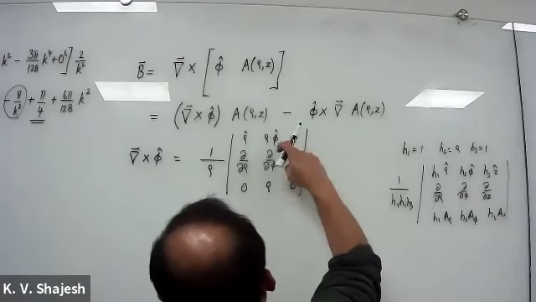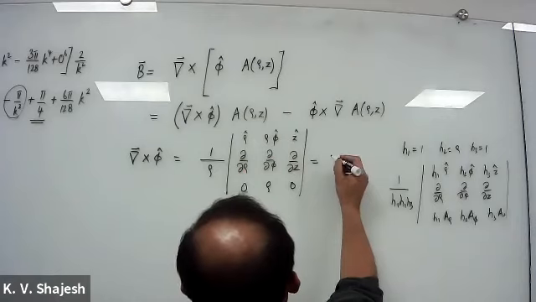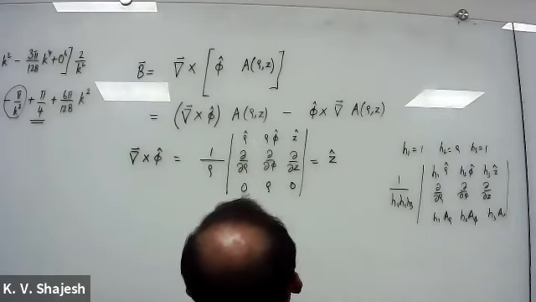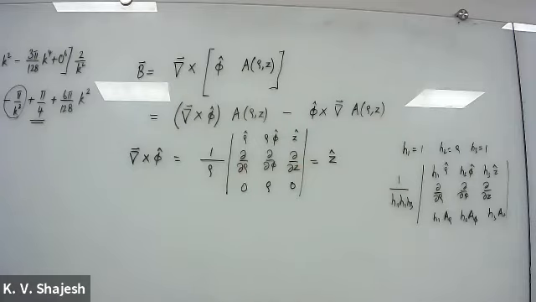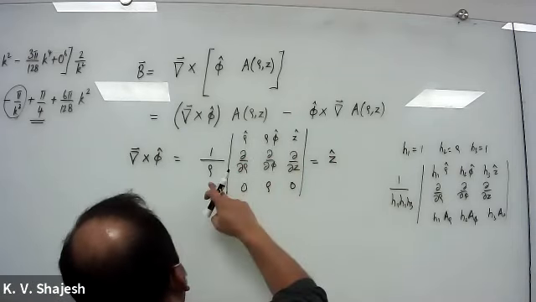So that's it. This is z hat. There's a mistake. It's dimensionally wrong, right? Because z hat has a 1 over.